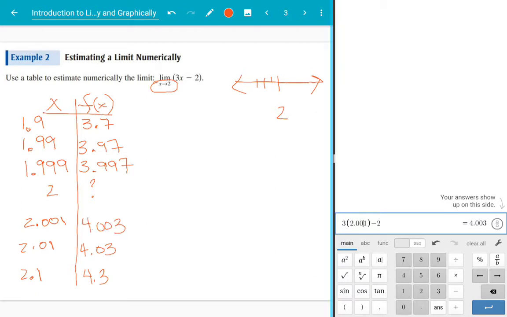So from both directions, if you had to make a safe assumption, what would you say the limit of the function 3x minus 2 as x approaches 2 is going to equal? Based on the pattern, it looks like from both directions they're approaching the number 4. So let's see if that is the case when we work with it graphically.